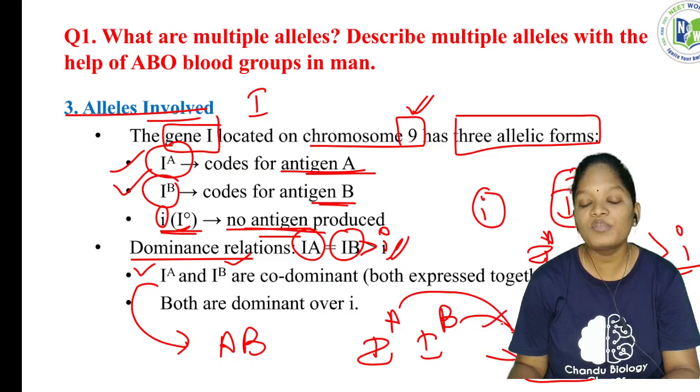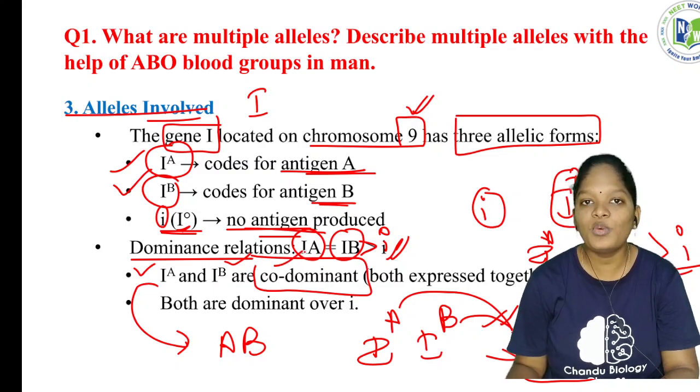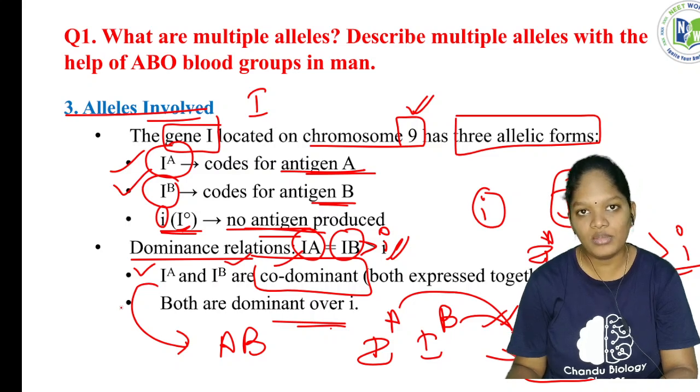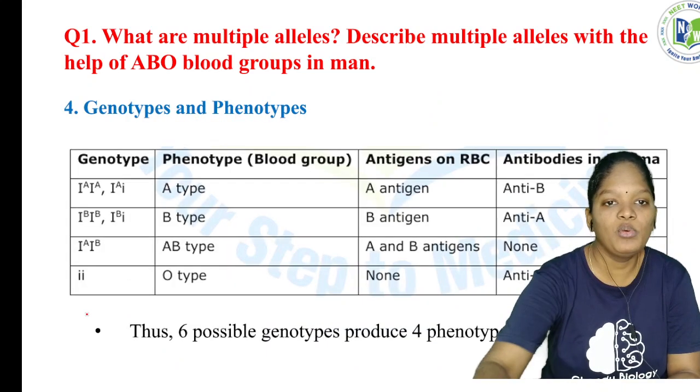As both are expressed together, we call that term codominant. Both express without disturbing each other, and both are dominant over i. The best example for multiple alleles is the blood group system, and for codominance, the best example is also the ABO blood group system.